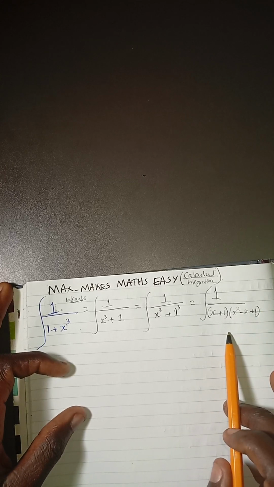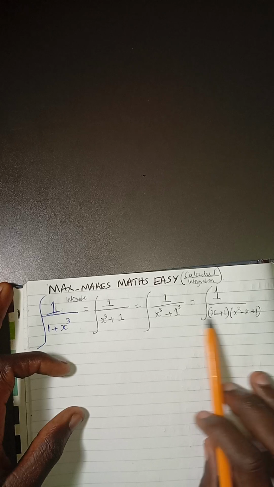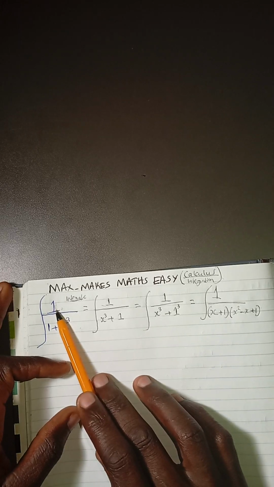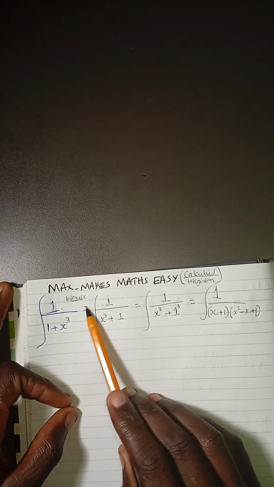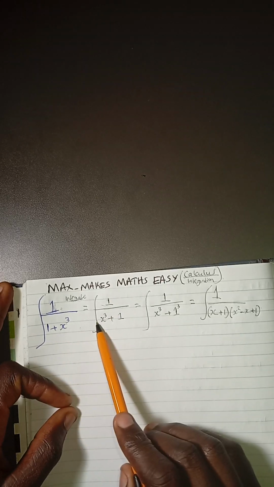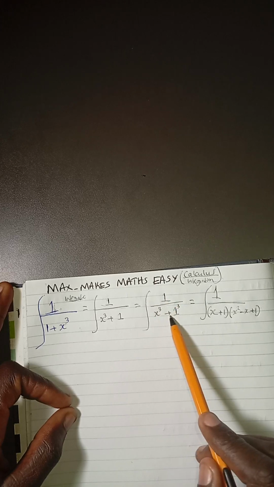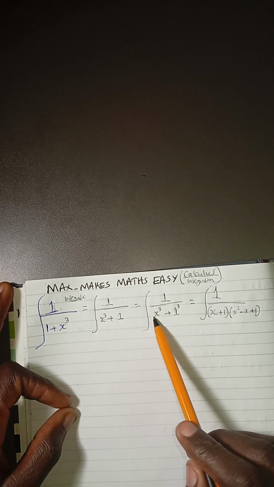Even here I've not changed anything. So remember, here I've just said 1 over 1 plus x cubed is the same as the integral of 1 over x cubed plus 1. I have not changed anything. And here also I've said 1 over x cubed plus 1 cubed. I have not changed anything.